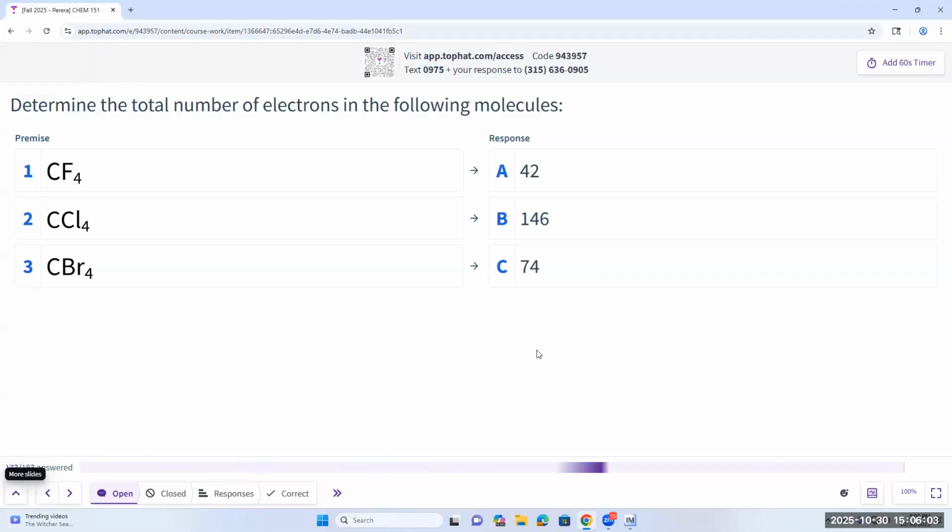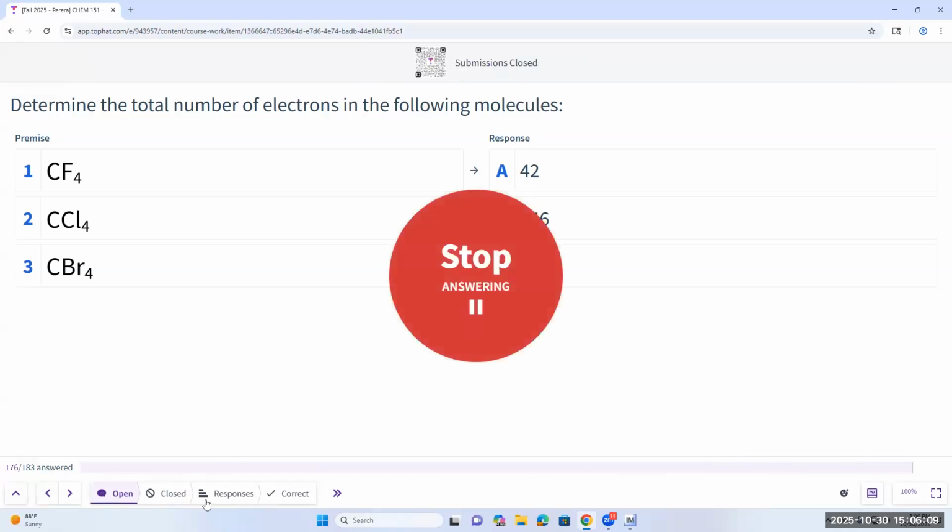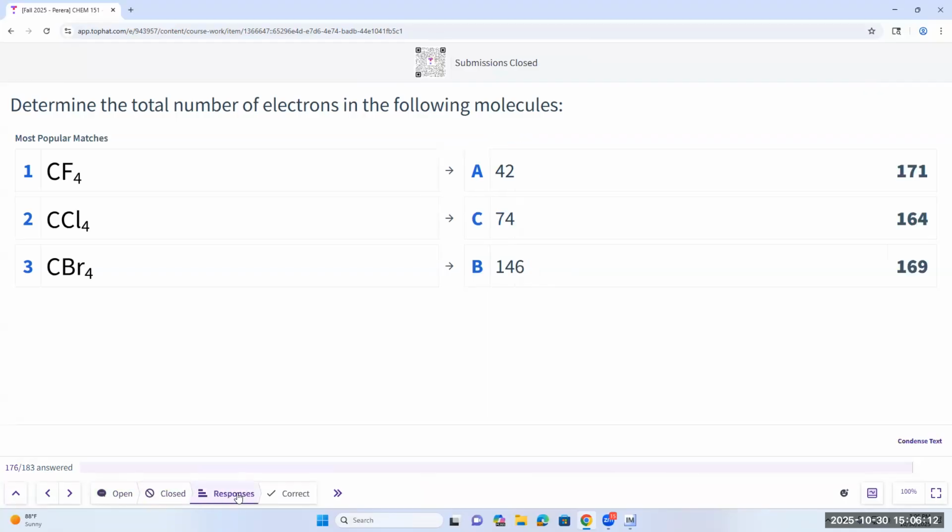All right, I'm going to close this question in 5, 4, 3, 2, and 1. And here's the most popular answer. CF4 has the least number of electrons and CBr4 has the highest. And that's the correct answer as well.